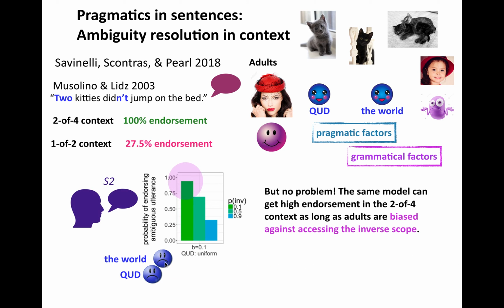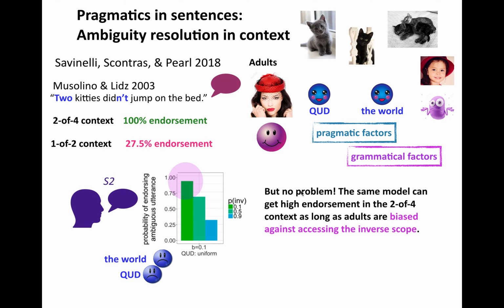So before, the low endorsement rate was because we thought kitties were poor jumpers. We didn't really know what the question under discussion was about, but it's no problem, right? The same model can get high endorsement rate in that 2 of 4 context, shifting the number of participants from 2 to 4 kitties, as long as you're biased against the inverse scope.